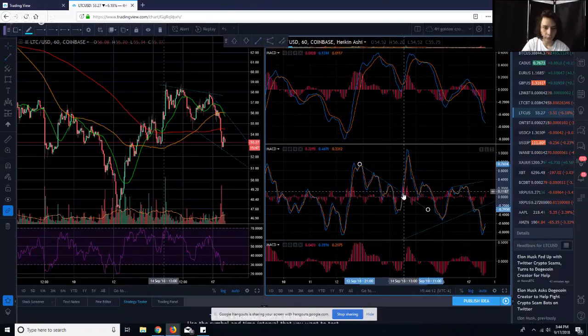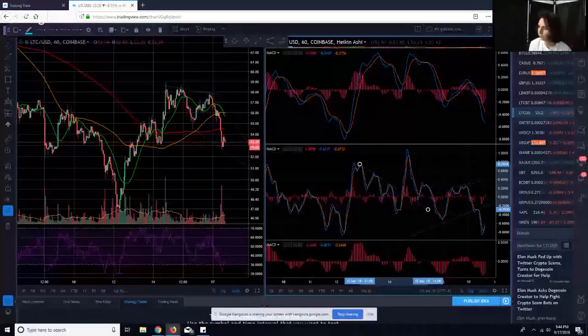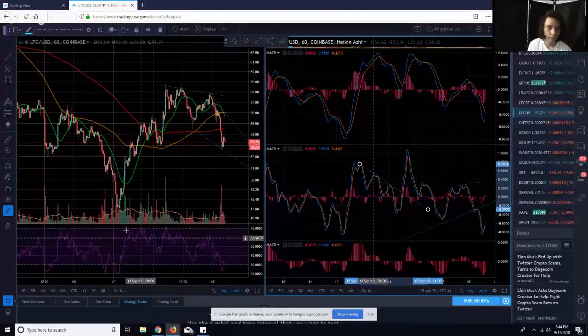When there's a trend break on the short-term MACD, it means that there's going to be some sort of acceleration to the other side. Over here, we got a huge breakout for Litecoin. You sold. Why did you sell? Did you panic sell because you thought Litecoin was going down because of this?